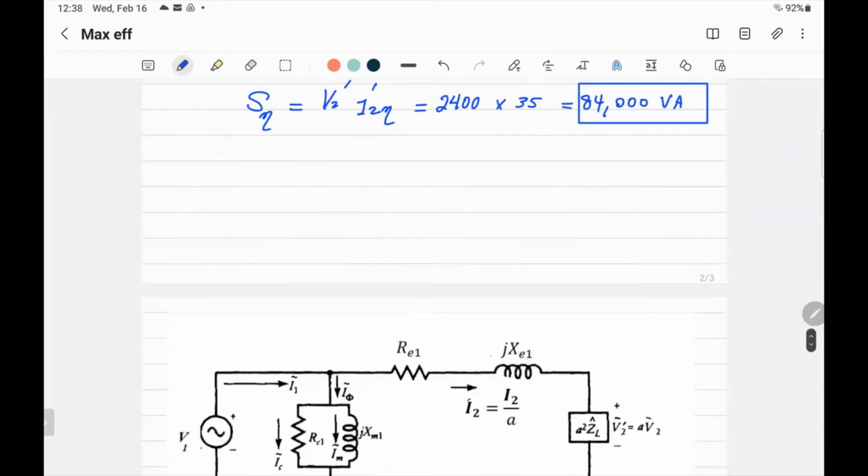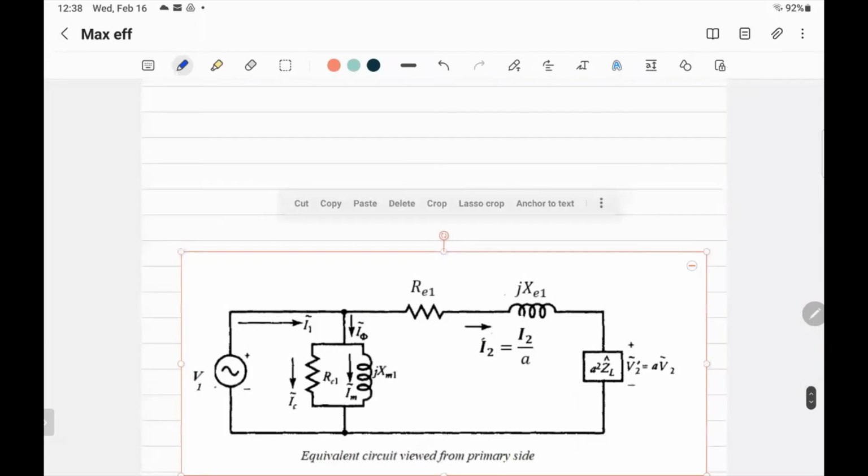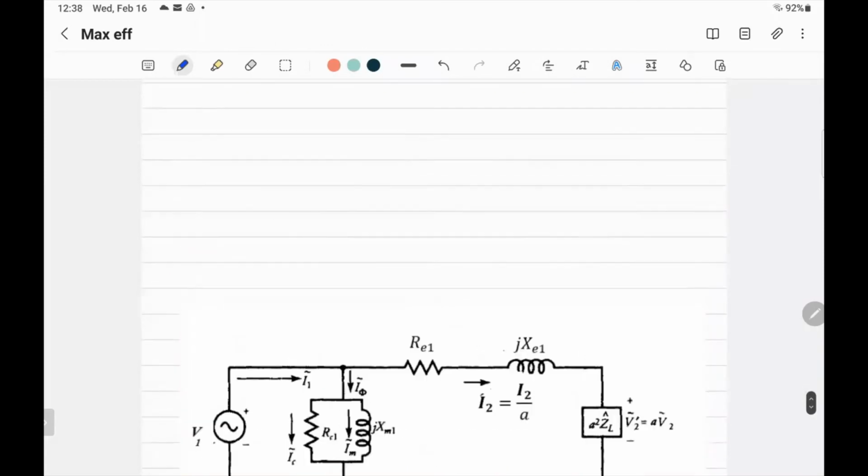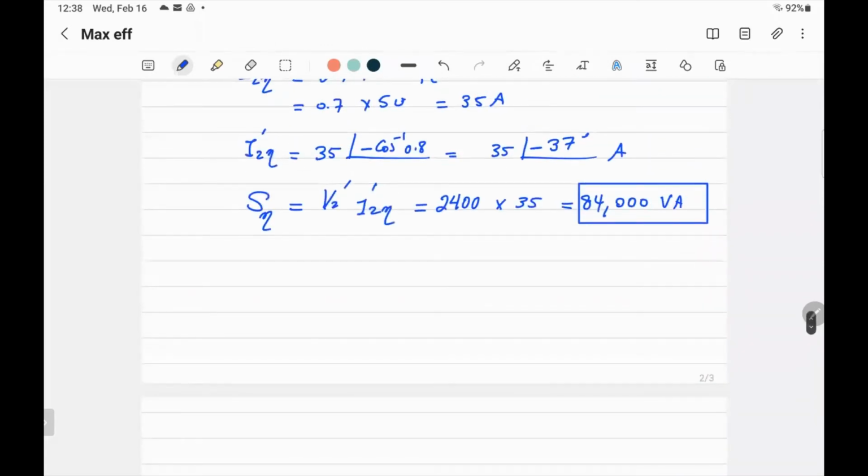So to get this, you need the output power, you need the core loss, you need the copper loss, right? That's what you need.